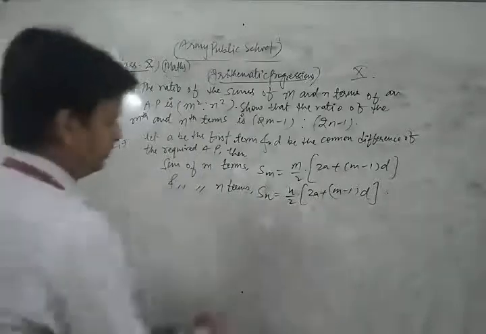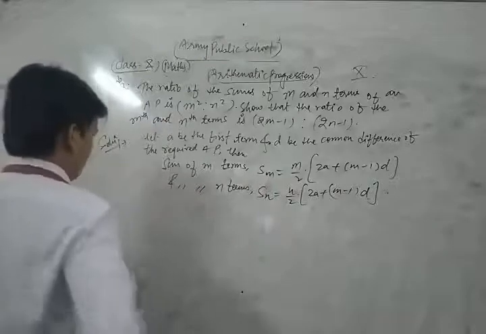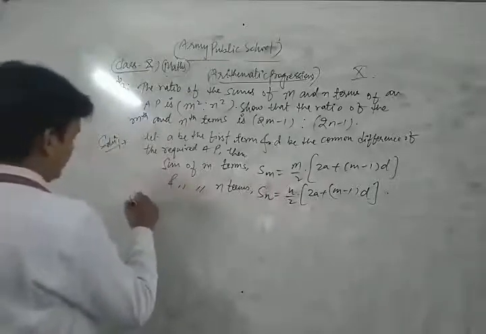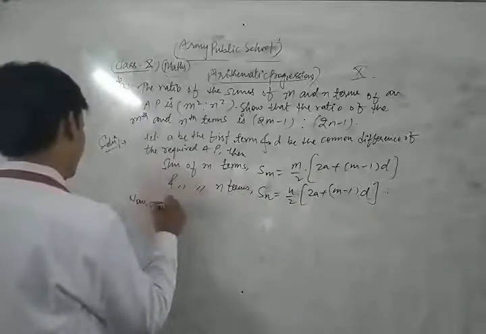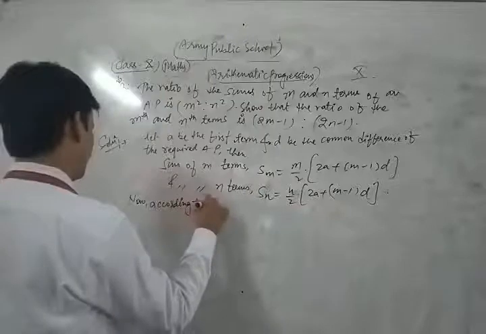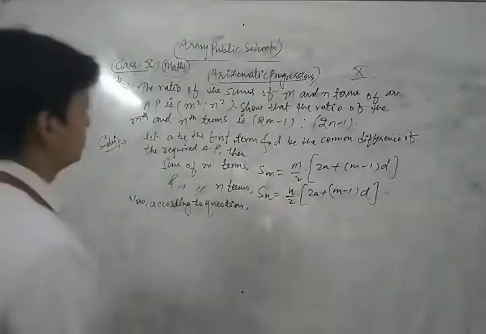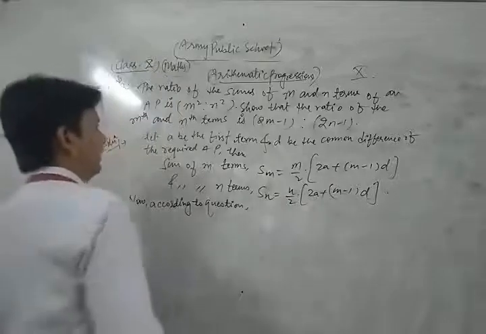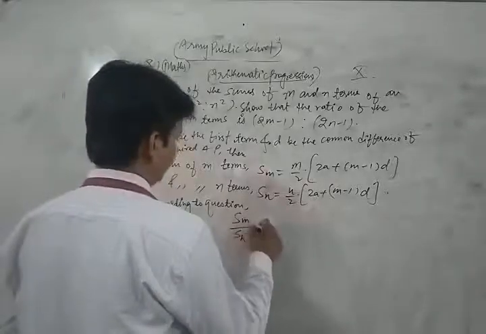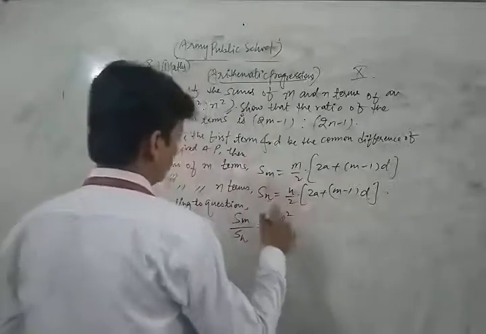Now, according to the question, the ratio of the sums of the m and n terms of an AP, that is Sm upon Sn, is equal to m square upon n square.